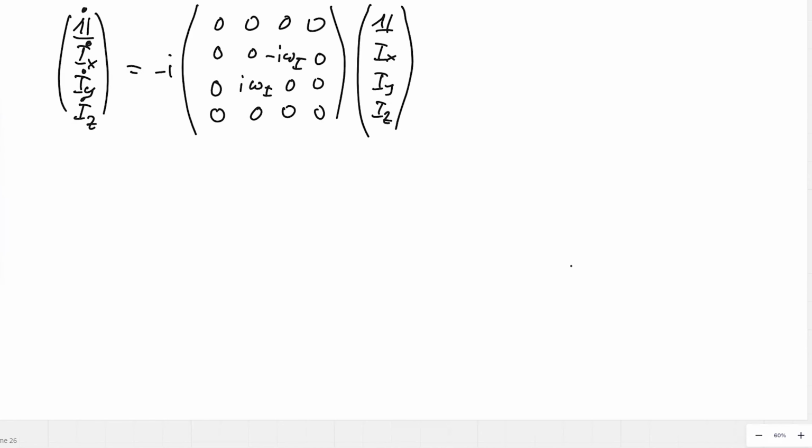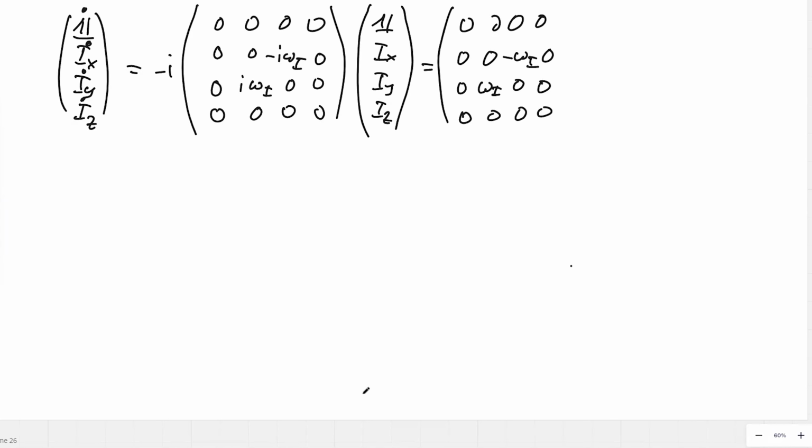So this is our Hamiltonian when you look in this space. And of course the minus i can be taken in. So this is then minus omega I plus omega I times the coding 1, Ix, Iy, Iz.